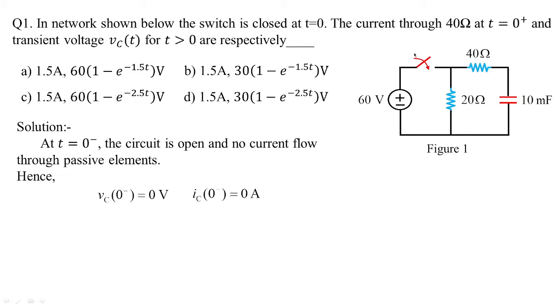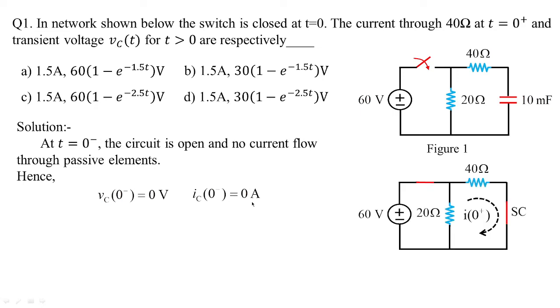Since the switch was open for a long duration of time and no supply is given to the passive elements, the voltage developed across them is 0. That is what these two values mention: Vc of 0 minus is 0 volts, Ic of 0 minus is also 0 amperes.